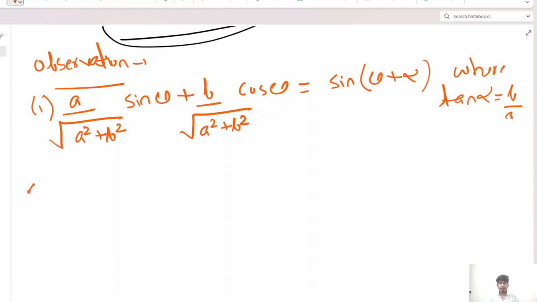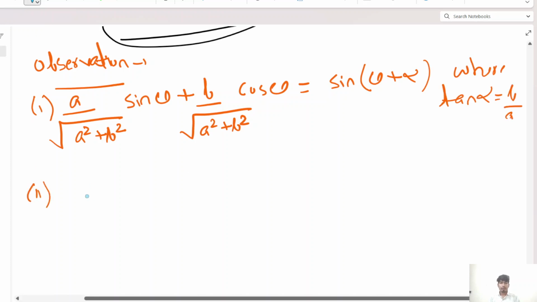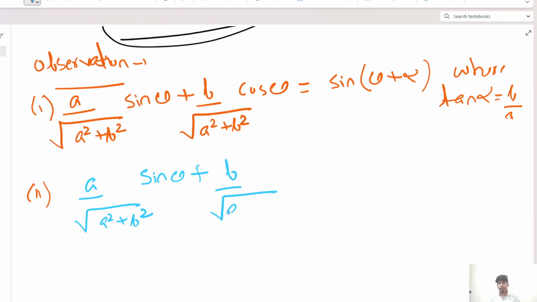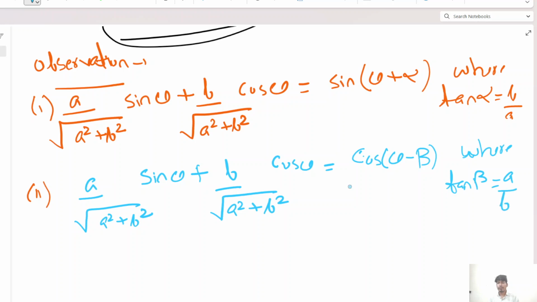And the second one is a upon under the root of a square plus b square sin theta plus b upon under the root of a square plus b square cos theta is equal to cos of theta minus beta, where tangent beta is a upon b. These are two formulas.